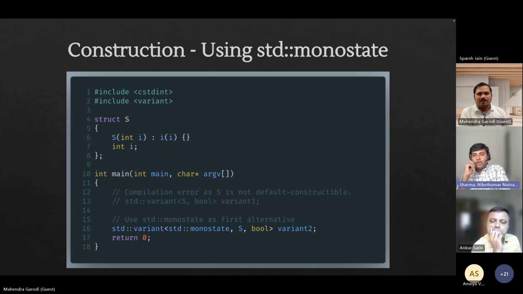Mahendra, on a similar line, I was thinking it's good to get that error, that you are supposed to provide something for initialization, isn't it? You're right, but before C++11, whatever types we have, let's say int, if you don't initialize it, it has a garbage value.